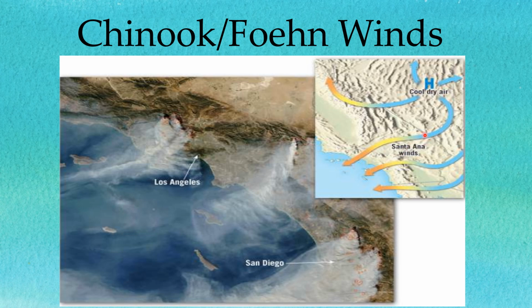The adiabatic heating causes the air temperature to increase and the relative humidity to decrease. That's why these Santa Ana winds are driven towards the Los Angeles and San Diego coast, as shown in this image.